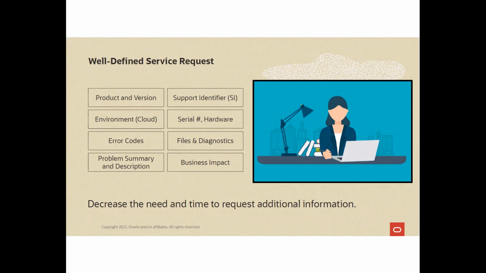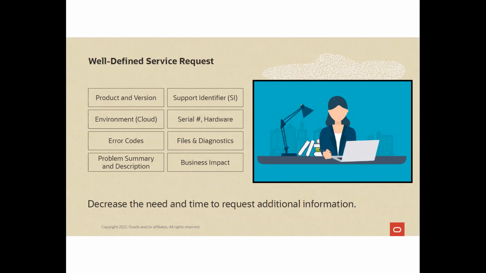engineered or non-engineered system. You must have the error codes that you're facing, and files and diagnostics. At least you must have gathered some basic diagnostic files like trace files. If it's an operating system, maybe your log messages, your OS dumps and stuff like that. You must also have drafted a problem summary and description to make it easier for the Oracle support engineer to understand and identify the issue you're having at a glance. Then also specify the business impact.